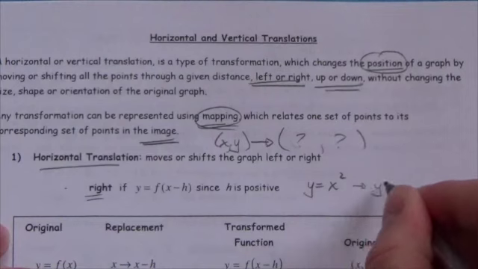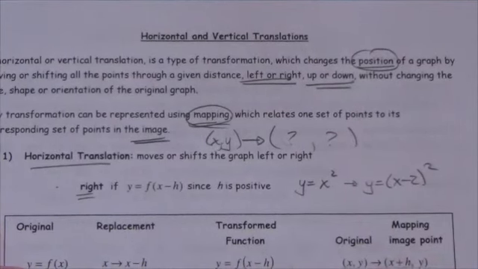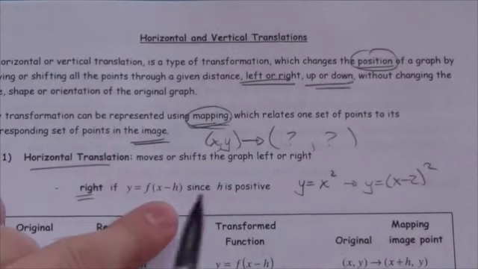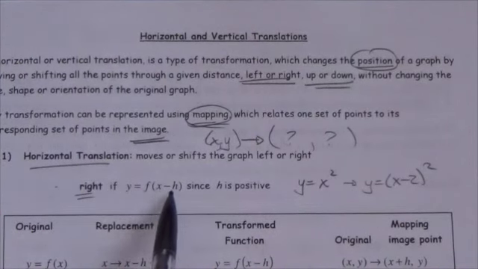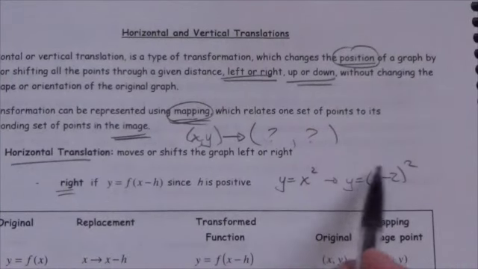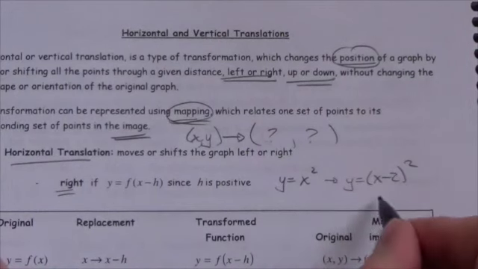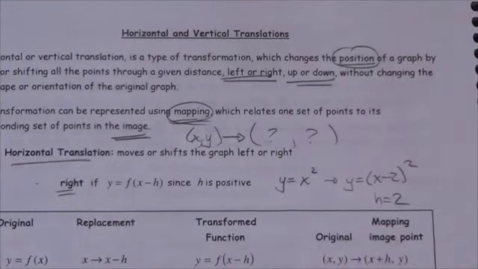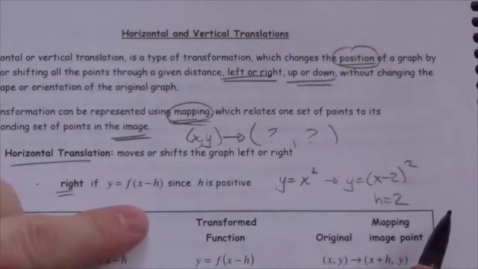If I put in y equals x minus 2 squared, notice in my notation that this is x minus h, but I'm insisting that h is positive. So what would my h be here? If this is x minus h, well, we know that h must be 2. And that should give you an idea of this being 2 to the right.